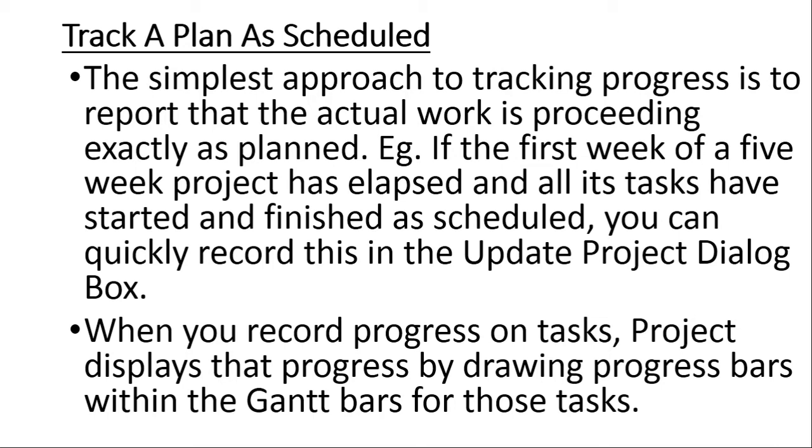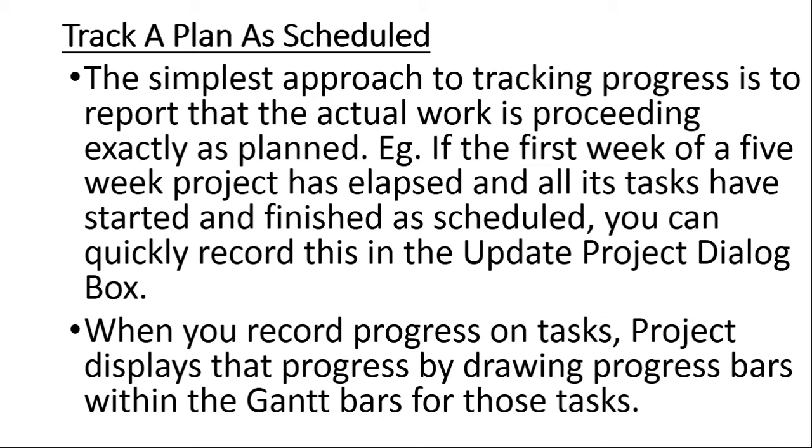The first method, we said, is called track a plan as scheduled. The simplest approach to tracking progress is to report that the actual work is proceeding exactly as planned.